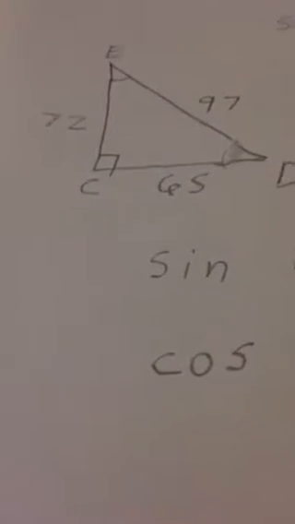Now for our tangent, this is the opposite side and this is the adjacent side, so it would be opposite over adjacent. So our tangent of E would be 65 over 72. Okay, and here are our three ratios that we have.